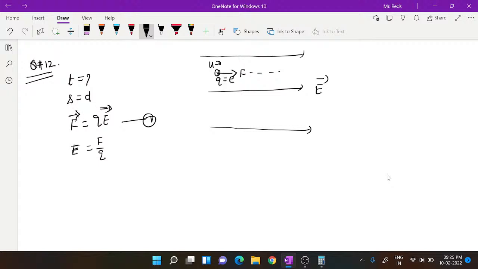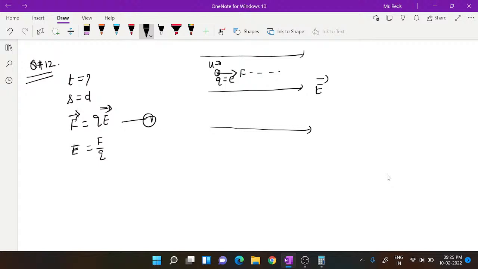We are asked to find the time taken to travel a distance d. It is moving under accelerated motion in a uniform electric field, which means uniform force. Force is uniform, so acceleration is also uniform.